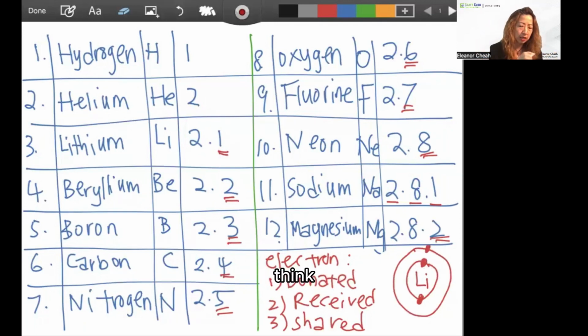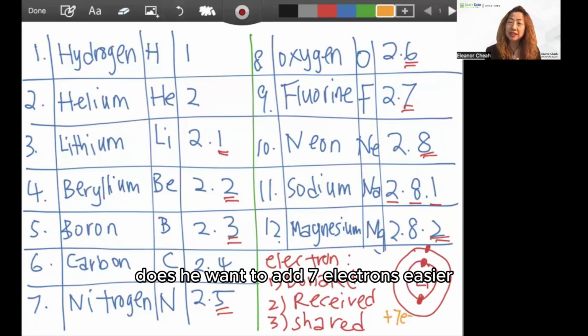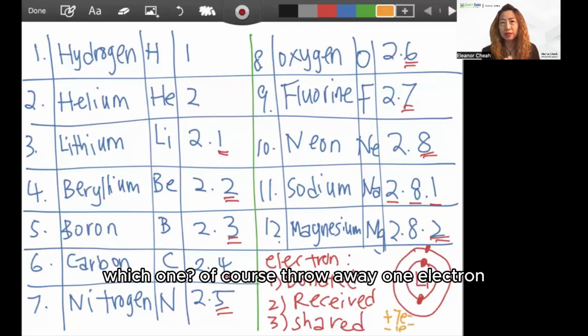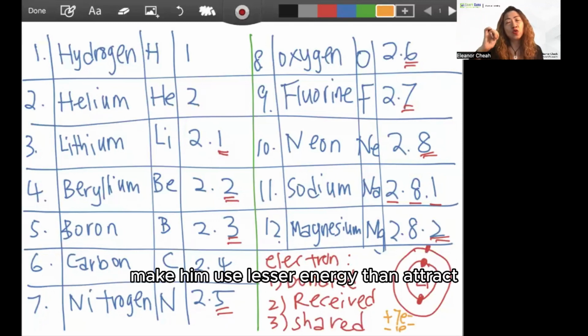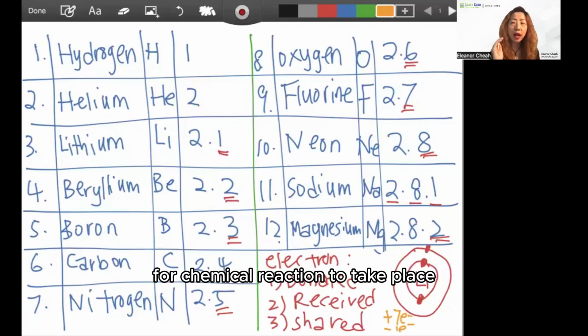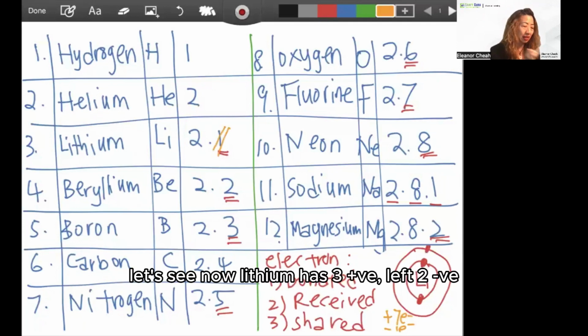So think, does he want to add 7 electrons, which is easier, or minus 1 electron, which is easier? Which one? Of course, throwing away 1 electron makes him use less energy than attracting 7 electrons. So for a chemical reaction to take place, lithium will throw away this valence electron.